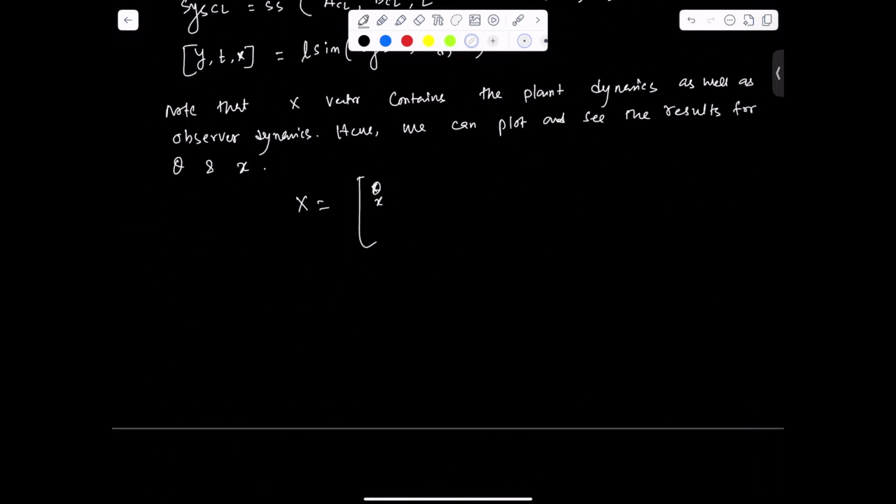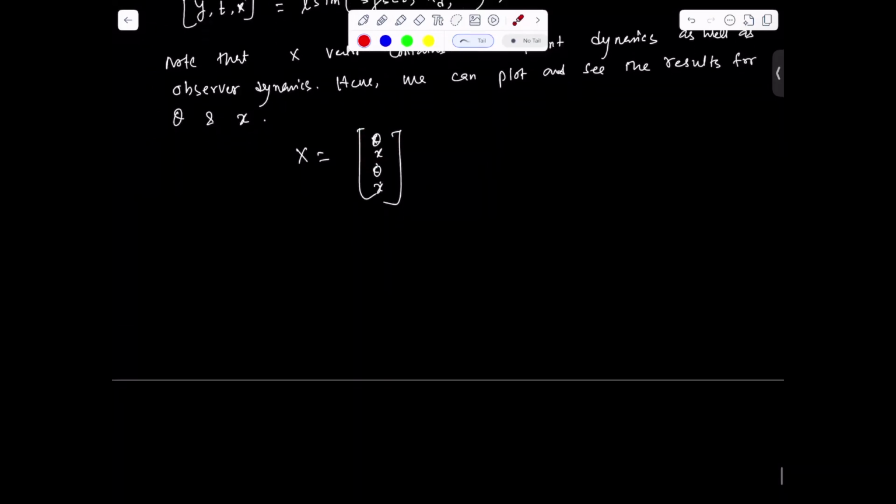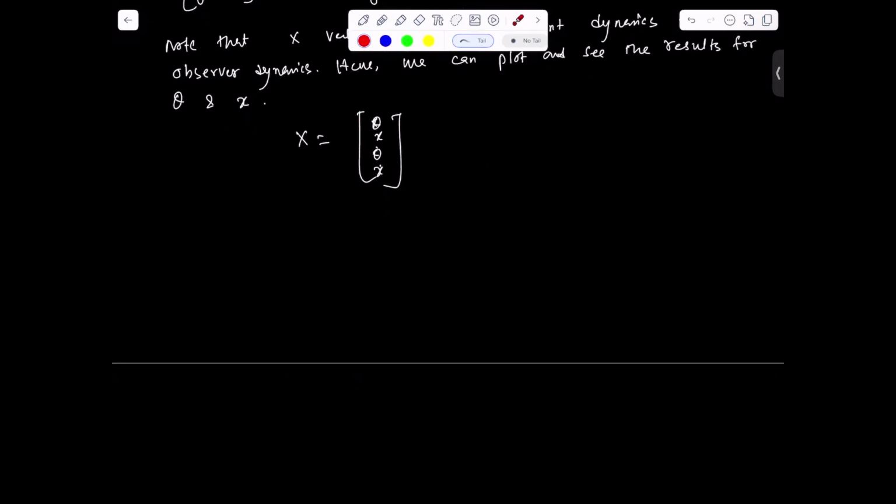So theta, x, theta dot, x dot. We want to see the result of theta and x in the state vector, right? In that case, if you want to plot in MATLAB, we can use this command: plot(t, x(:,1)*57.3).